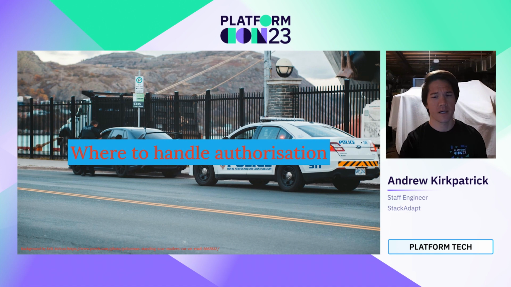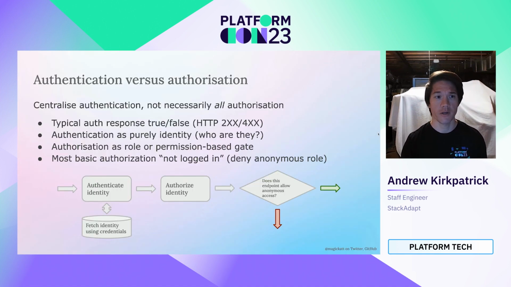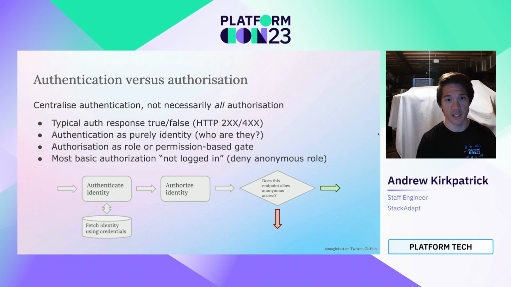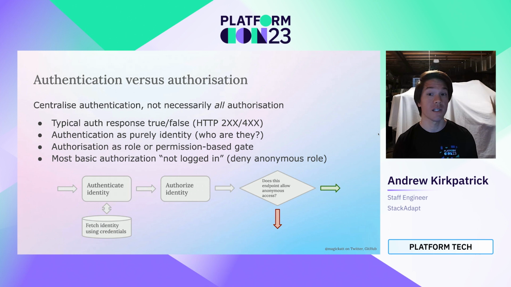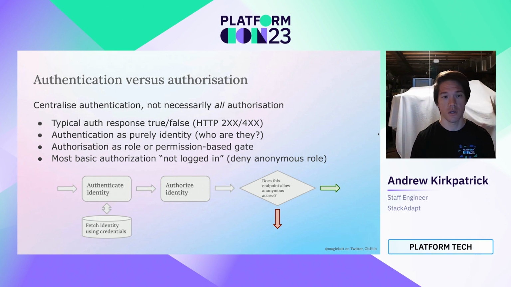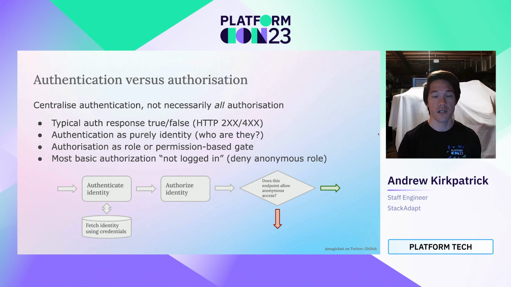So where in this flow would you actually handle authorization? In a lot of cases, it makes sense to centralize, say, the authentication data in this place, but not necessarily move all of the authorization logic into this central service. A typical auth response is true or false, like I'm either going to allow or deny someone to proceed. So in that case, think of authentication as purely the identity: who are they?